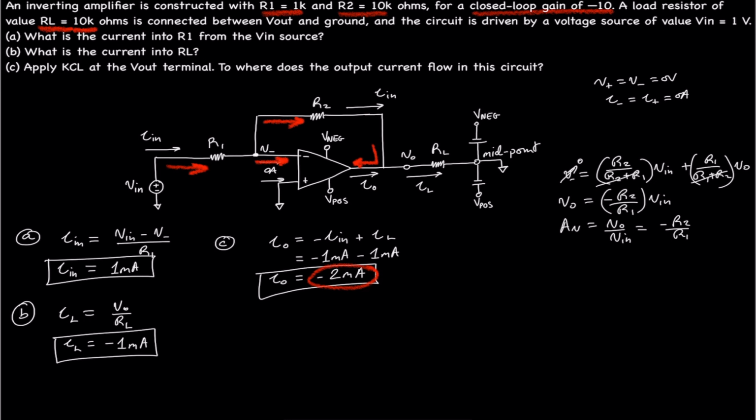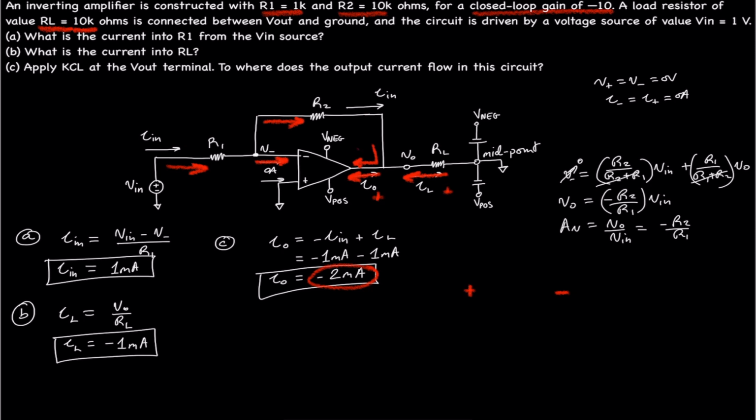Current flows from positive to negative, so ultimately that current flows to the negative power supply. So it will flow into V negative. And if this current flows in the opposite direction, that would prove that IL is positive, and this should be the right direction.